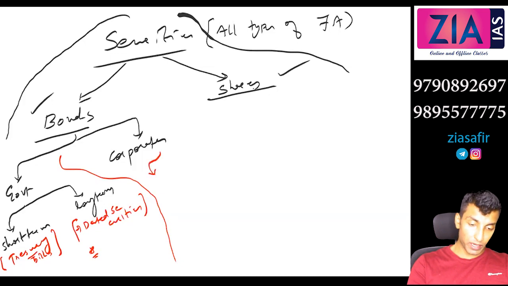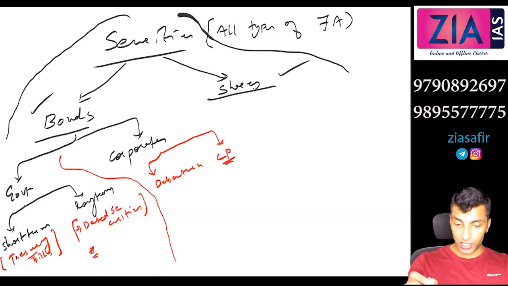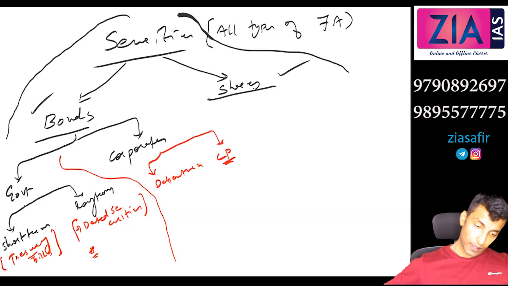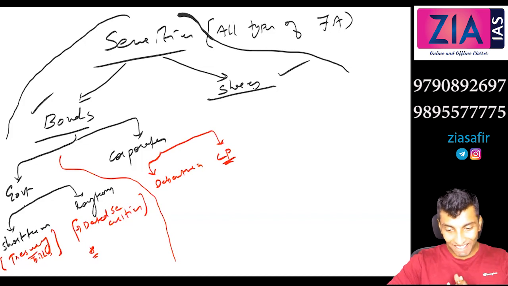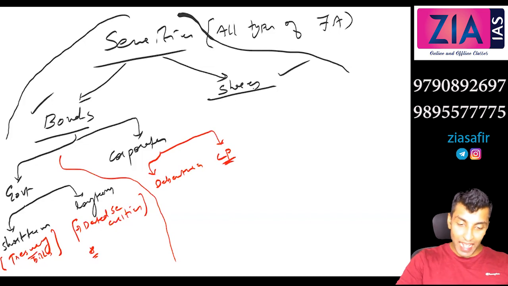Now corporates, what are the bonds? What are corporate bonds? Debentures, first one. Then we discussed about commercial paper before. You remember where we discussed about commercial paper? When we discussed about bank rate, right?